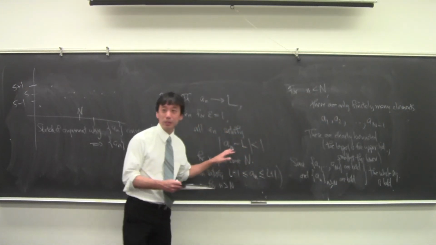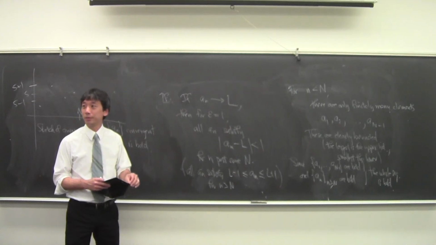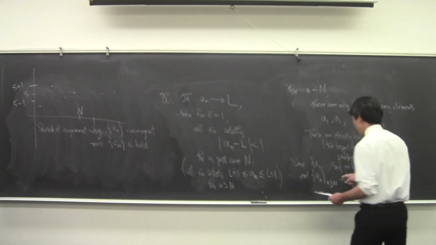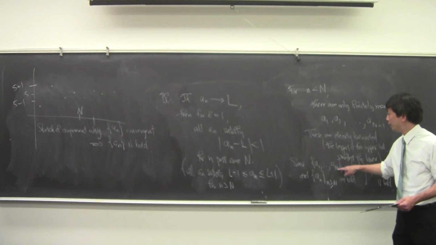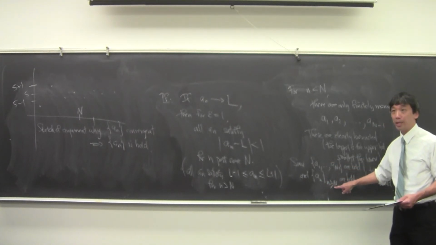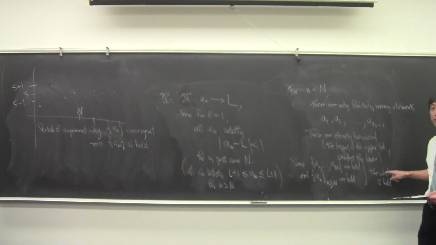Okay, any questions on the idea? Hannah? I'm sorry, but can you read the last part? Sure. Since a1 through a sub N minus 1 are bounded, and the a sub n for n bigger than N are bounded, the whole sequence is bounded. Thank you so much. You're welcome.